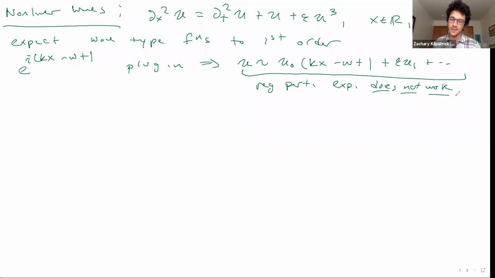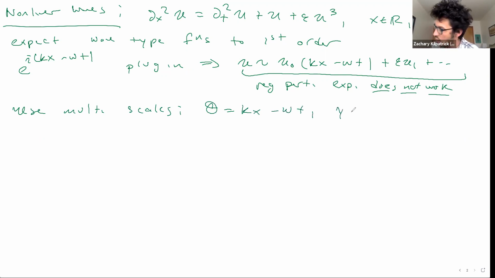It conserves energy in a way which doesn't match the original problem. And so then in general, what you have to do is use multiple scales, not surprisingly, maybe. And you have theta equals kx minus omega t, y equals epsilon x, and then we'll take tau equals epsilon t.